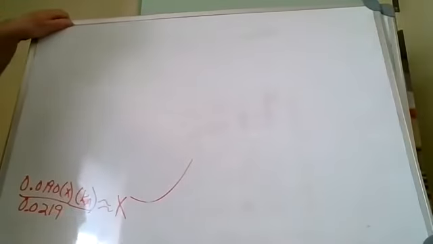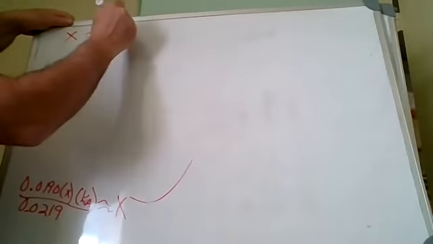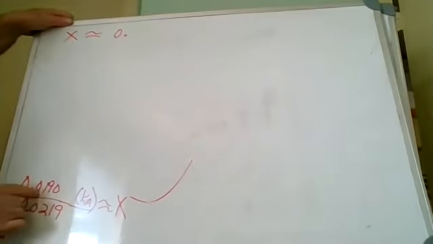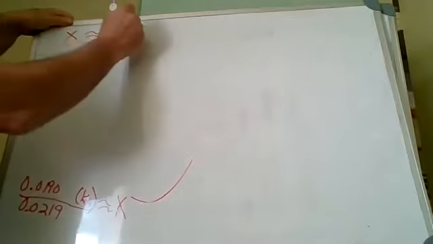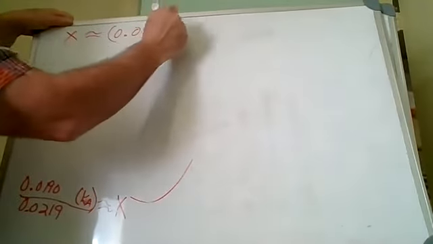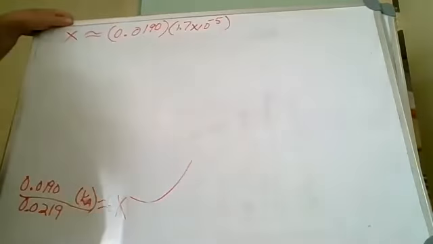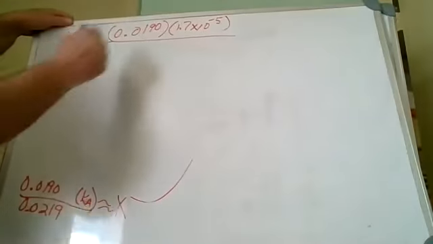All right, so X is approximately, oh, wait a second. This X should not be here. Please take that out. X is on the right-hand side. 0.0190 times Ka, which somebody just said is 1.7 times 10 to the negative fifth, divided by 0.0219.